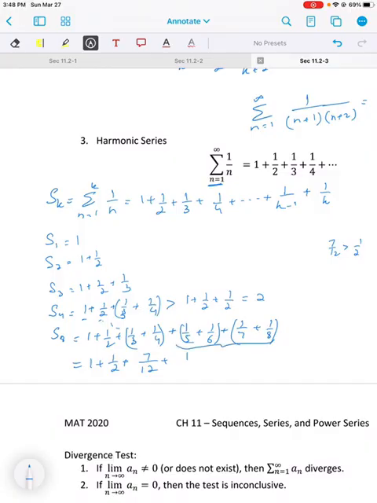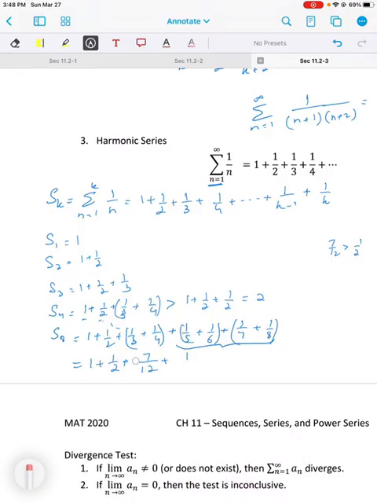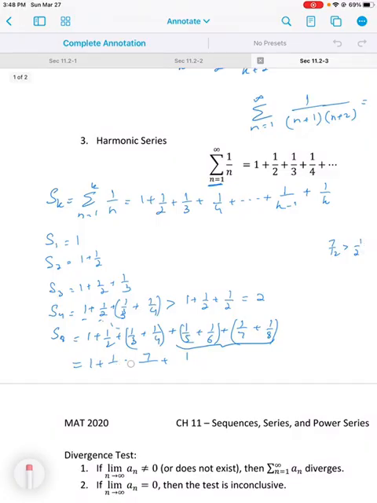So what we do now, we actually combine all these four terms, which is going to be a number which is much bigger than 1/2. And what is this number? Well, again, we are not worried about what that number is, but we do know that this sum is going to be greater than 1/2, and you should be able to check that. So I am instead going to do something else here.